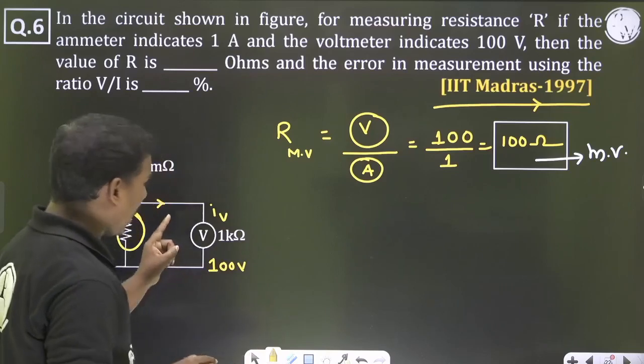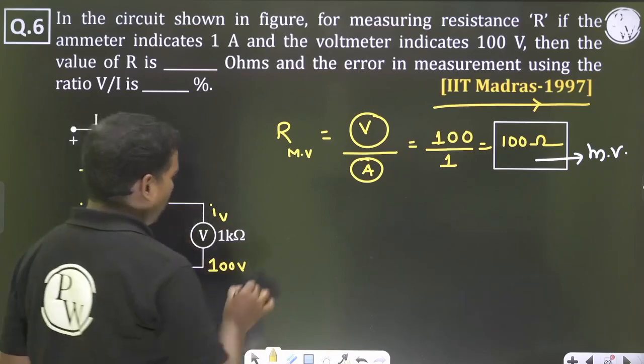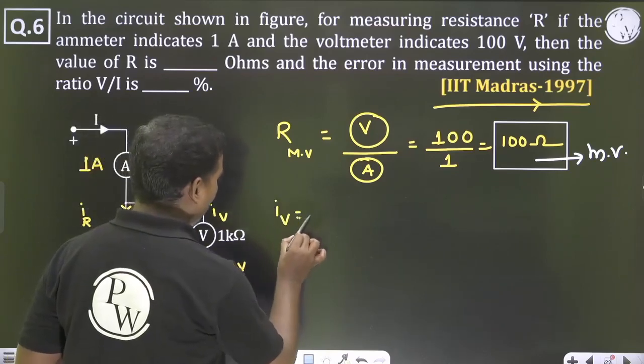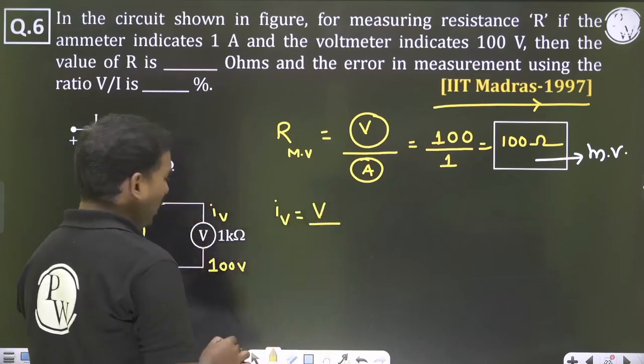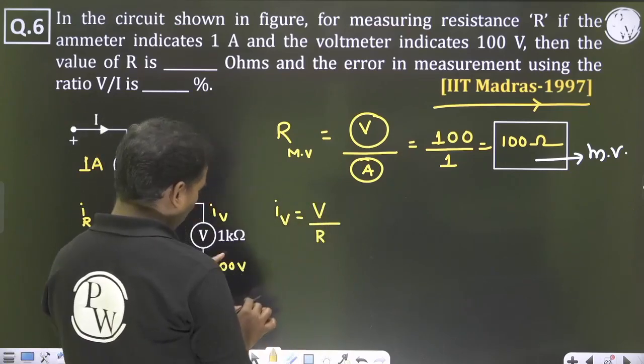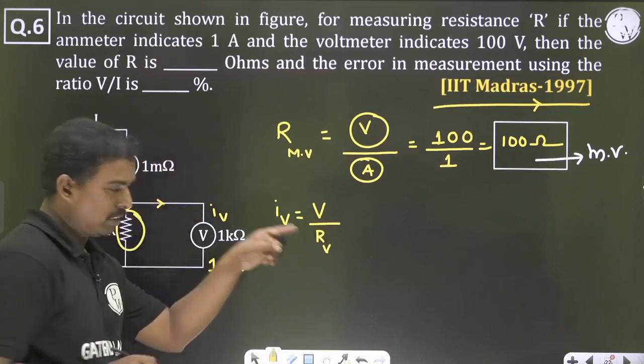IV is the voltmeter value by the voltmeter resistance RV.